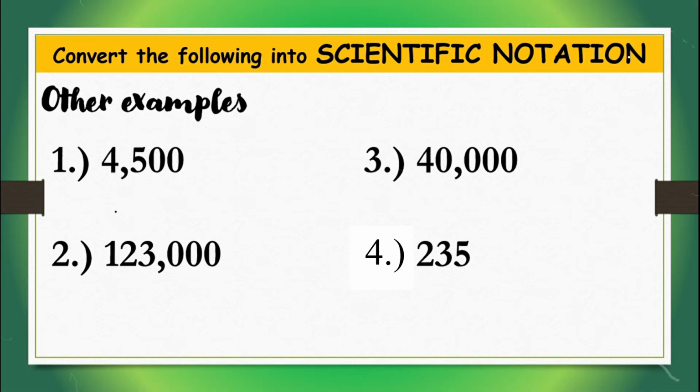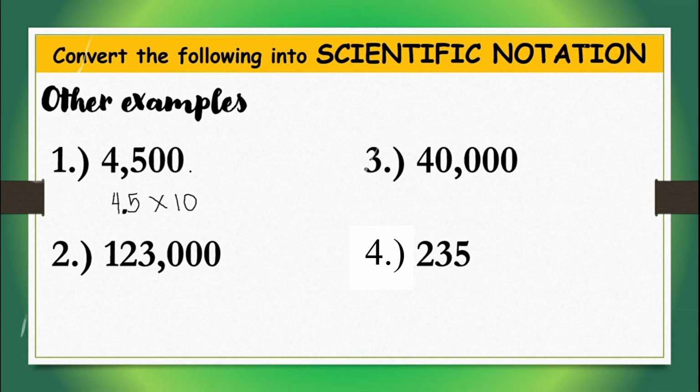So first, we must identify the significant digits. So we have 4 and 5. Then, we must also identify the first significant digit, which is 4. So we will add a decimal point. So we have times 10. Now what will be the exponent? This is a whole number.